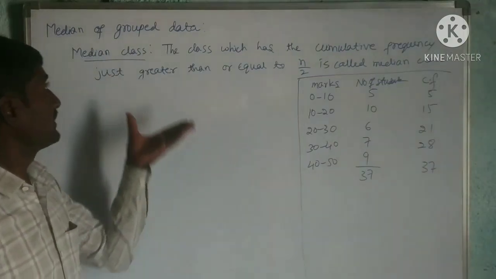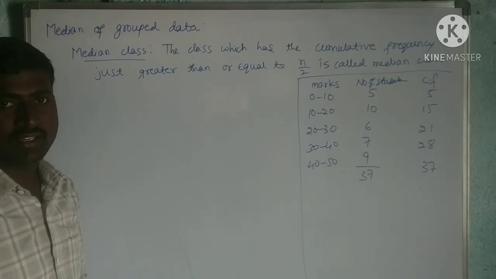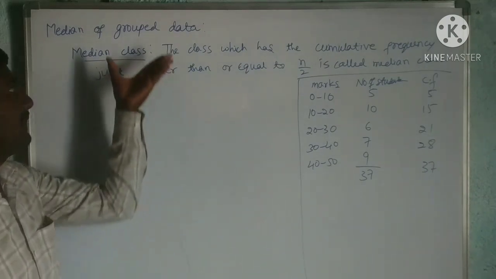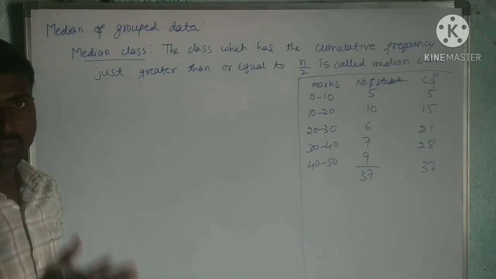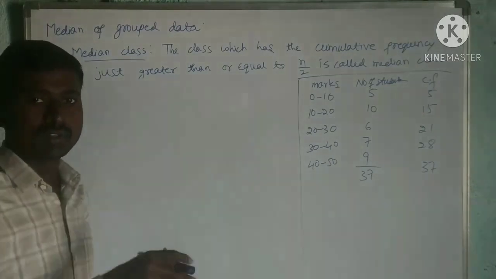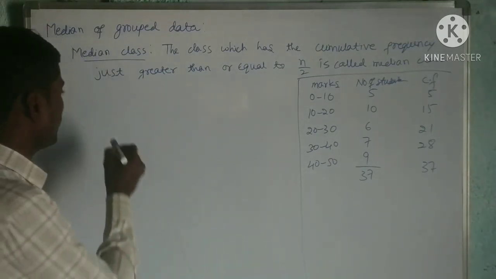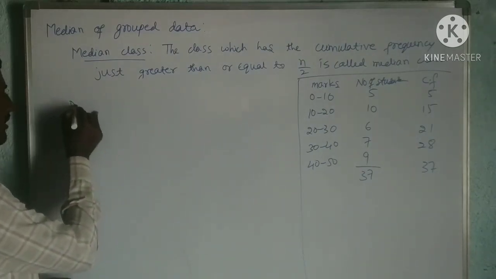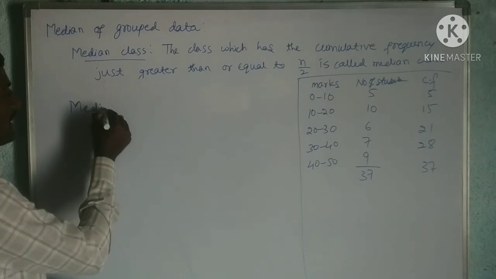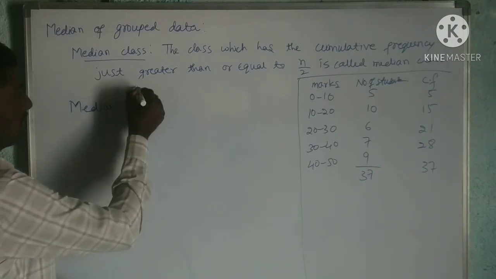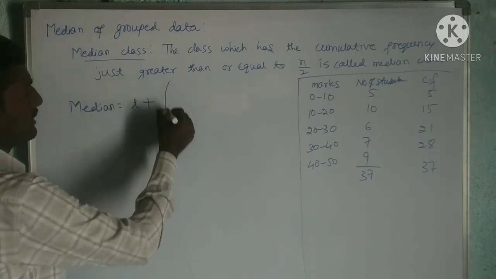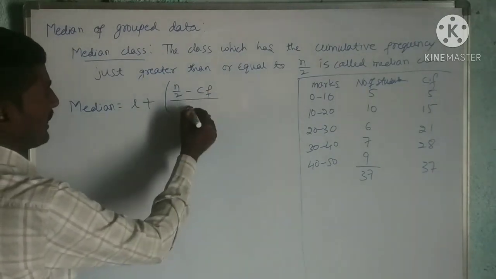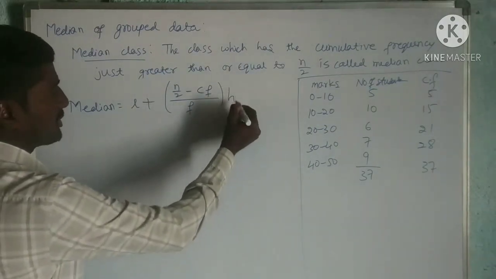Already you know the term median class. The next one is the formula to find the median. You know the formula for mode; here also similarly we have a formula to find the median. Directly I will write that formula. Median is equal to L plus n by 2 minus Cf divided by f, into h.